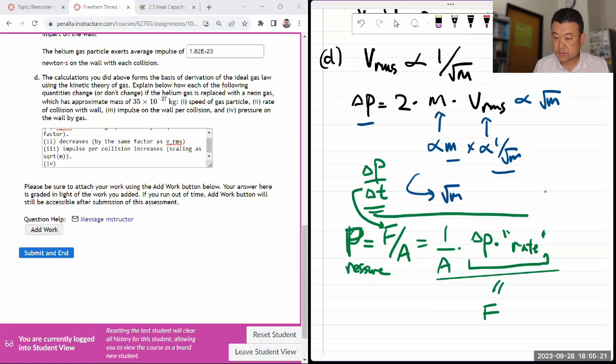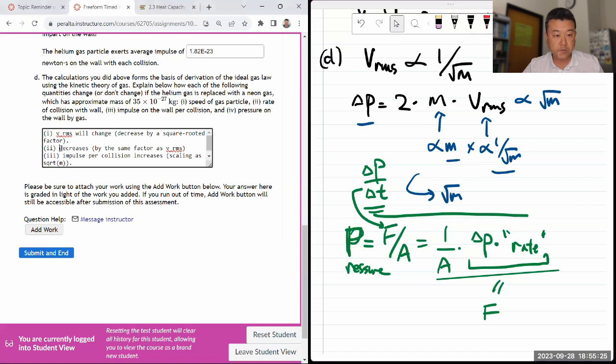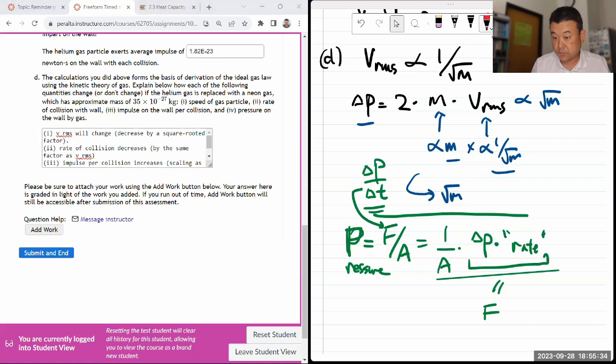So you have an expression for pressure that goes as this. And we've so far argued that the rate of collision decreases by this square rooted factor. So the rate scales as 1 over square root of m. And the change of momentum, as we argued above, scales as square root of m.